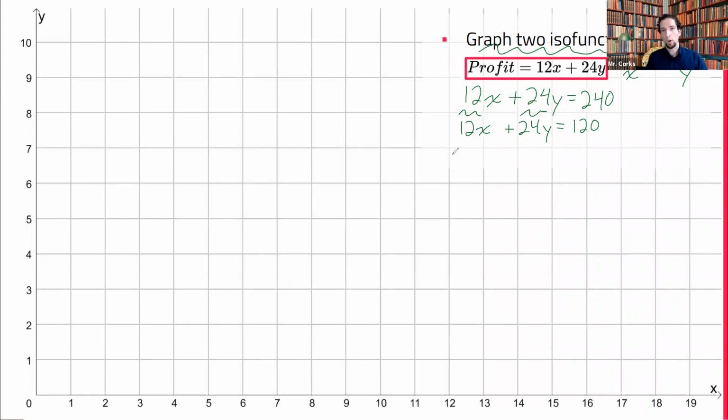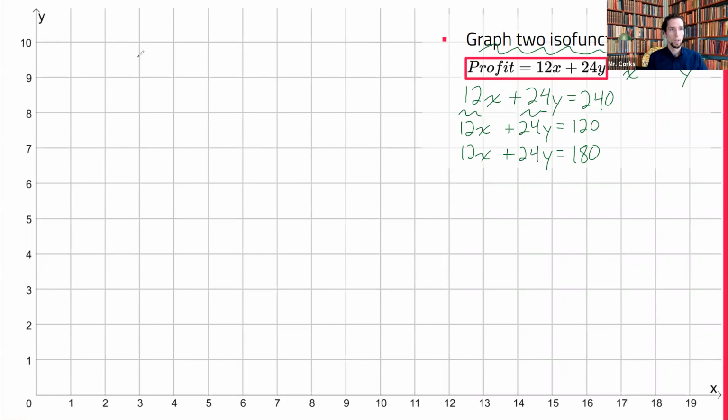Can someone give me one more here? 144. 96. Okay, how about maybe halfway between these two? That seems like really easy, quick mental math to do. So let's say 180. I think that will work out.